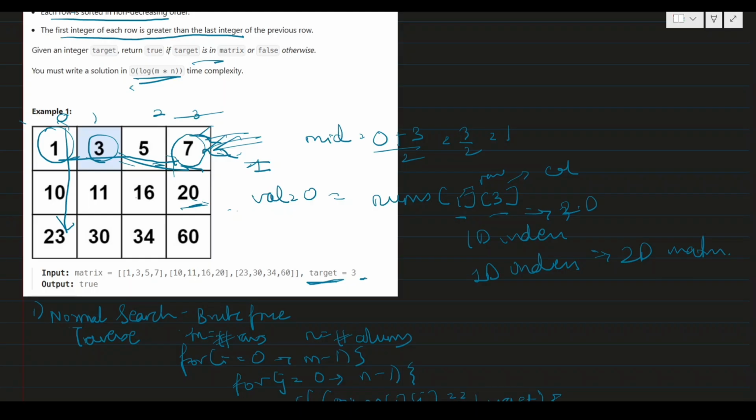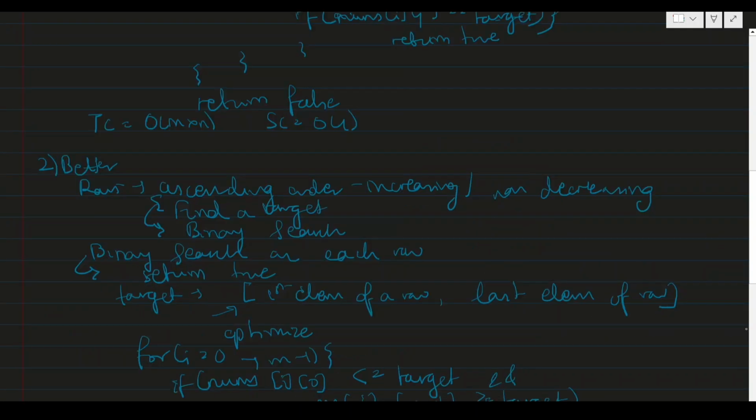To get the row number, how about we divide the index by the number of columns, and the column number we could get by index modulo number of columns.